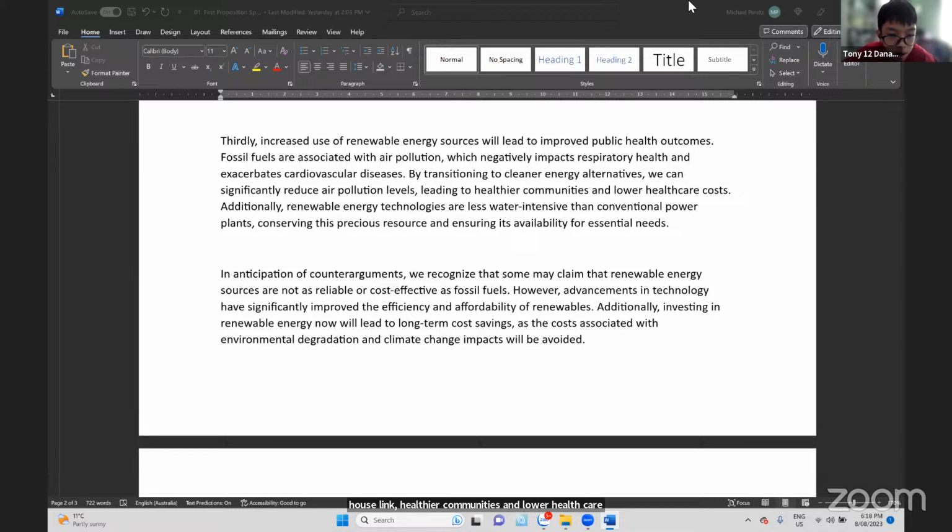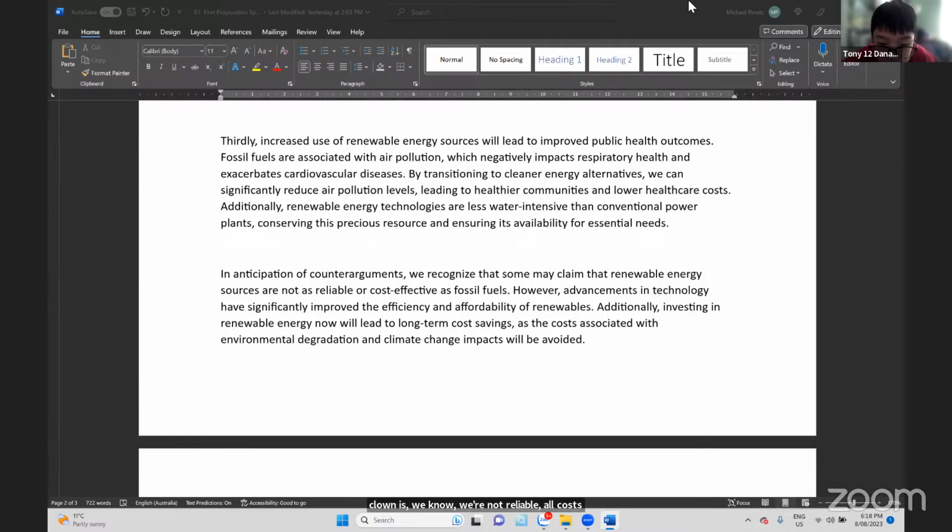Additionally, renewable energy technologies are less water intensive than conventional power plants, conserving this resource and ensuring its availability for essential needs. In anticipation of counter arguments, we recognize that some may claim renewable energy is not as reliable or cost effective as fossil fuels.